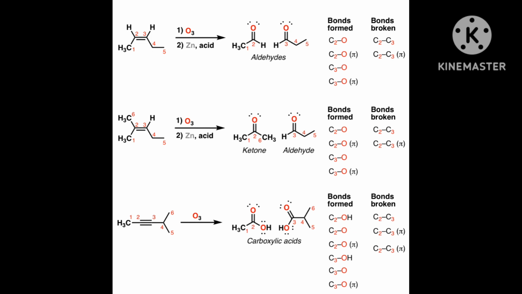CH3, CH double bond CH, again CH3: first and last have CH3, so 6 plus 2, 8 hydrogen and 4 carbon.